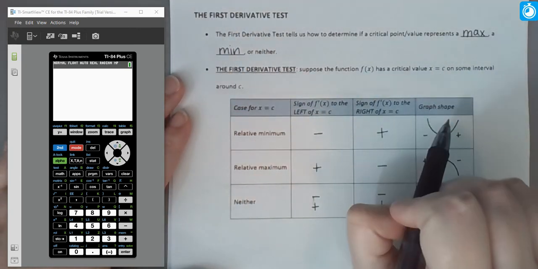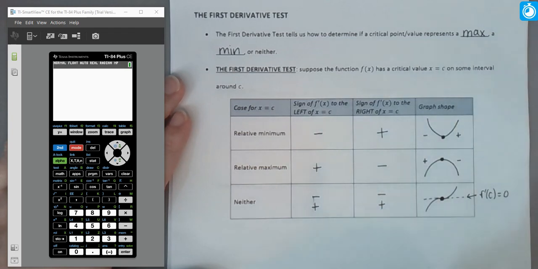So once we know where those locations are, then we're going to analyze the signs of our derivative on either side of those values. And keep in mind, if we have multiple critical values, we have to analyze on either side of all of them. We can have a relative minimum and a relative maximum on a graph, and it's just based on what we notice about the derivatives on either side of those individual values.